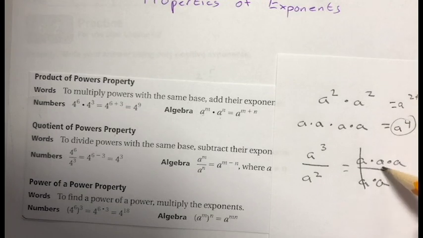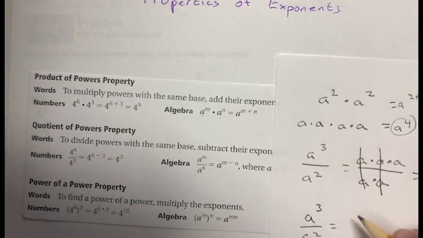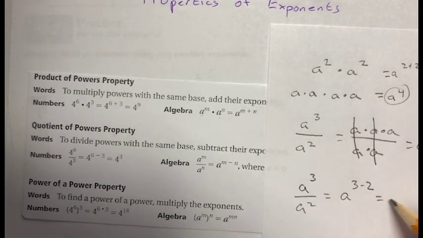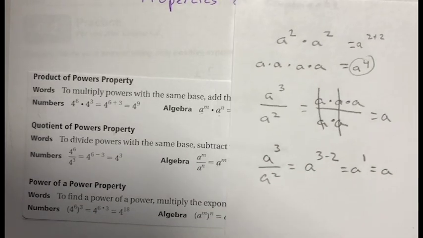These two will cancel out, these two will cancel out, and what's left is just a. Or I could have said a to the third divided by a squared is equal to a to the 3 minus 2, which is a to the 1, which is just equal to a. All right? So just a couple of rules.